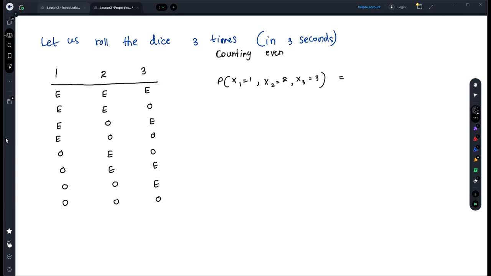What is this probability? How do you explain it? First roll, the number of even values is 1.